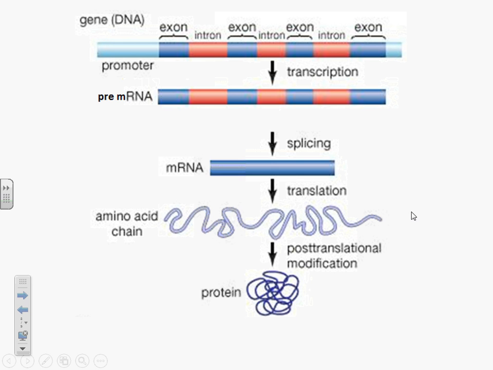That doesn't really help. But the pre-mRNA has to be processed by this splicing that removes all those red bits, the introns, leaves the blue bits to get stuck together, the exons, and then those can be translated to give us an amino acid chain, our polypeptide. And then you can have post-translational modification, which involves the twisting and folding to give you the final structure of the protein.